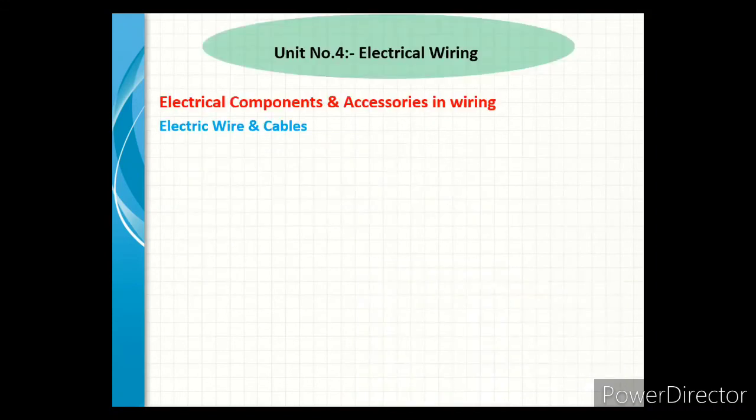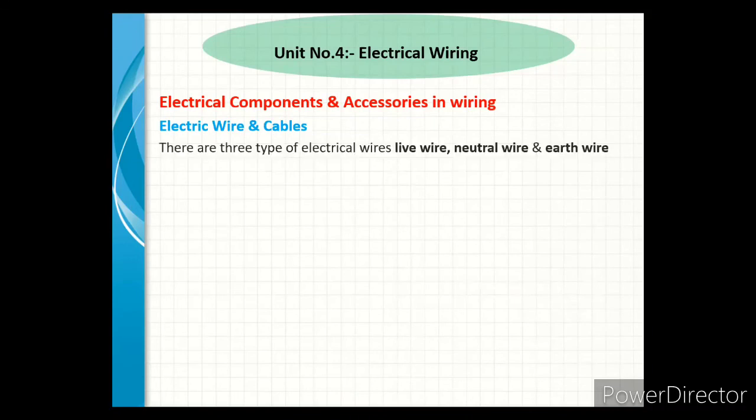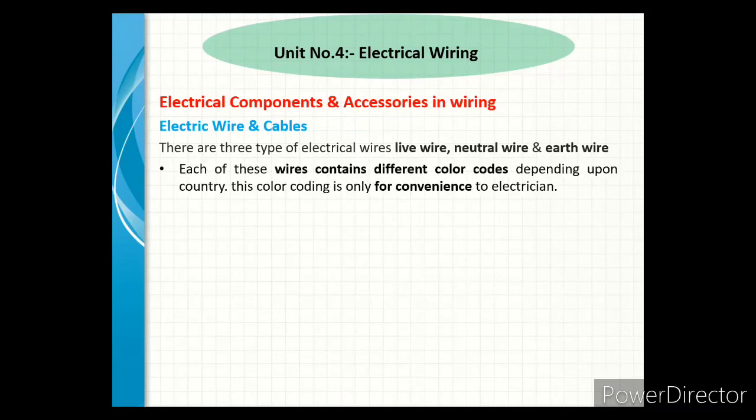Our next component is electric wire and cables. There are 3 types of electrical wires: live wire, neutral wire, and earth wire. Each of these wires has a different color code depending upon the country.